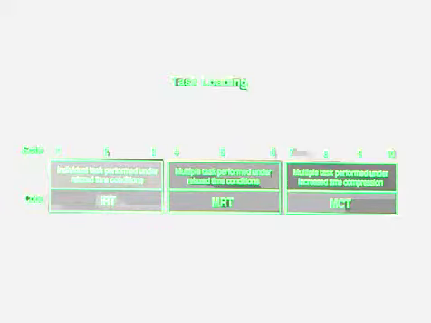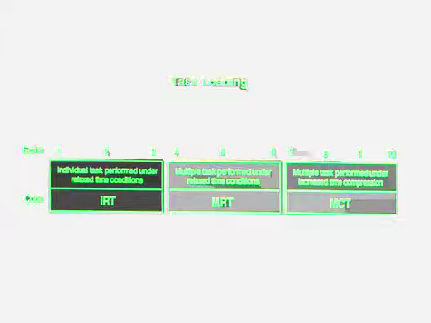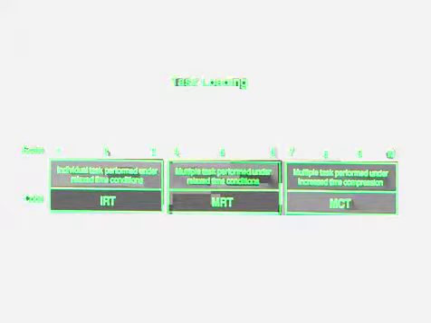Reading from left to right, we have individual tasks being performed in a relaxed time condition, IRT. Then we have, perhaps, multiple tasks or multiple interactions that are being performed under relaxed time conditions. And finally, we have, obviously, the highest task loading portion of the mission, where we have multiple interactions going on under increased time conditions, increased time compression. All right. That receives the highest weight in our weighting scheme here.